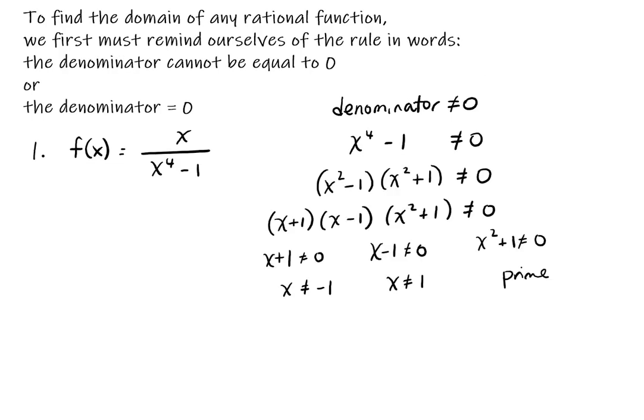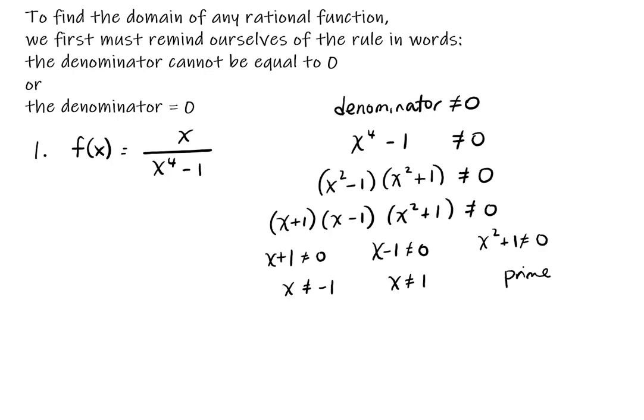And so there we have it factored out and solved. Even though it's x to the 4th, I actually only have two numbers that cannot be in the denominator because the x squared plus 1 was prime. So my domain is going to be all the values of x that are in the real numbers except for negative 1 and 1. And that is the domain for this function.